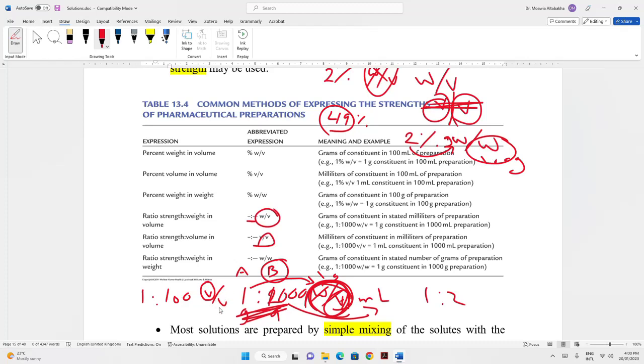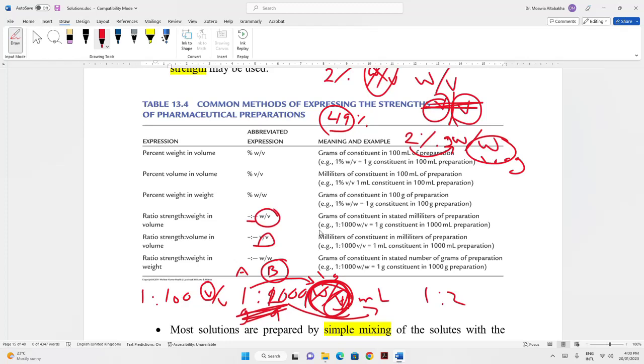Okay, this is how this is translated. Similarly, if I say 1 to 100 W by W, then it's 1 gram of the solute or constituent in a mixture of 100 grams, because it's W. Okay, there are other ways for you to know.